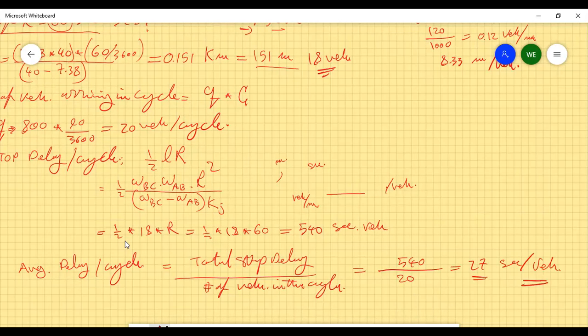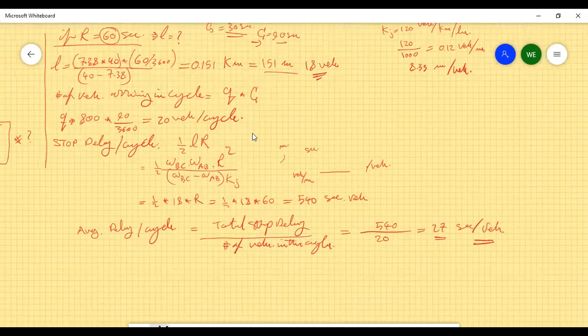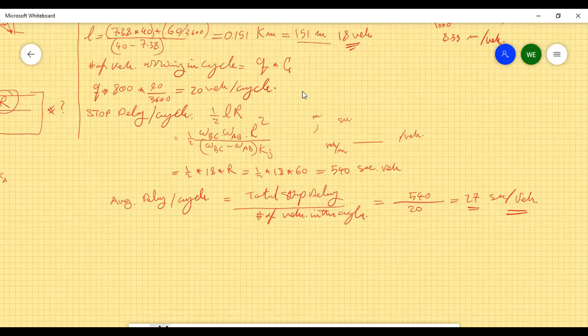Now if we change, if we just double the times, we are going to use a cycle length double this.